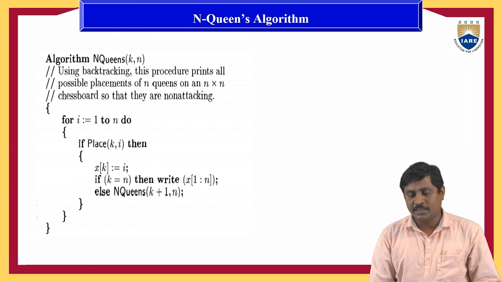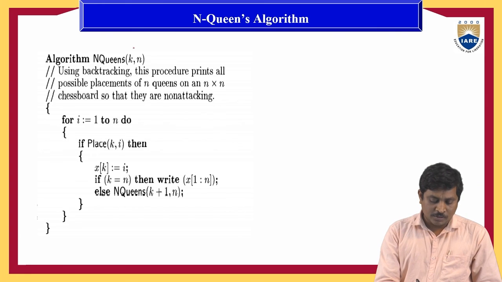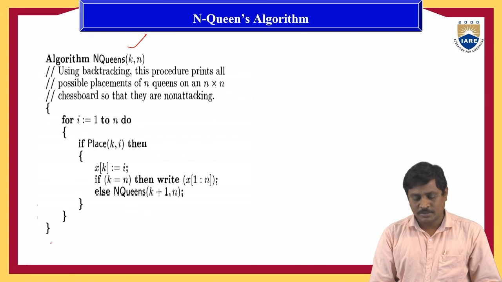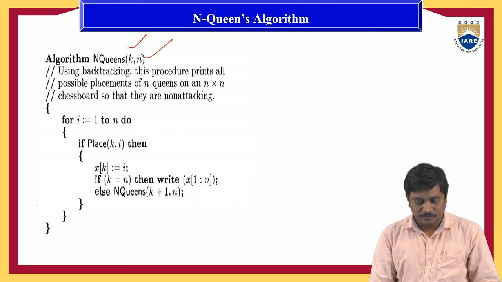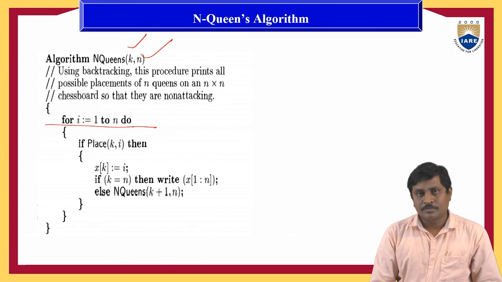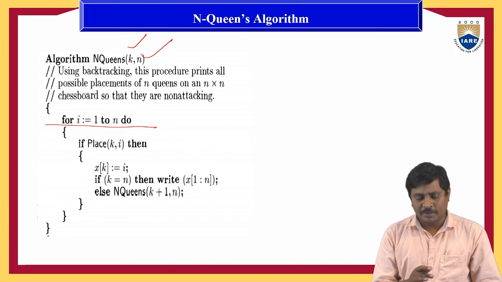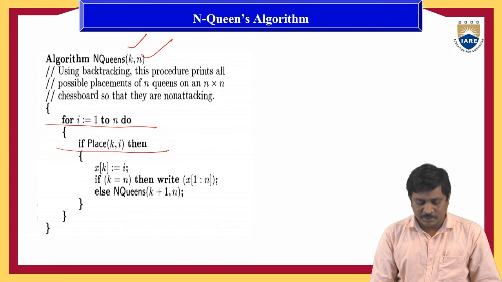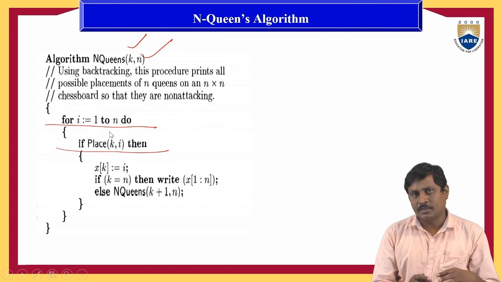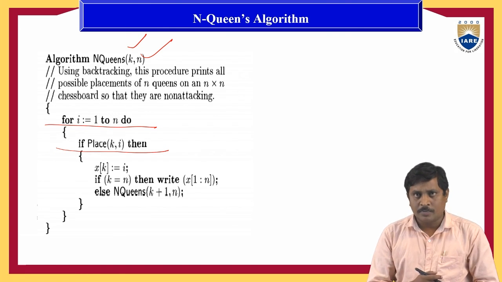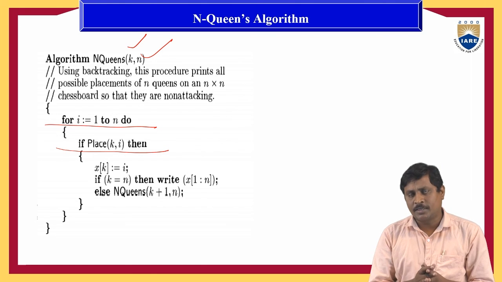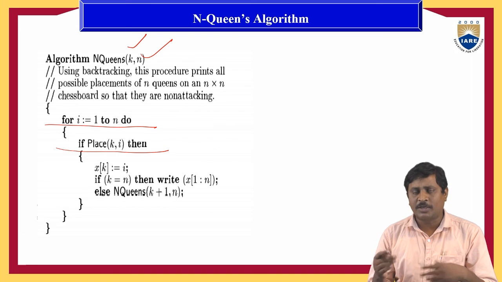This is the n queens algorithm. Here k means the number of places and n means queens. For i equal to 1 to n, we repeat for all n queens, calling Place(k, i). With that algorithm, we check whether any queen is in the same row or column. If so, we do not place that queen.